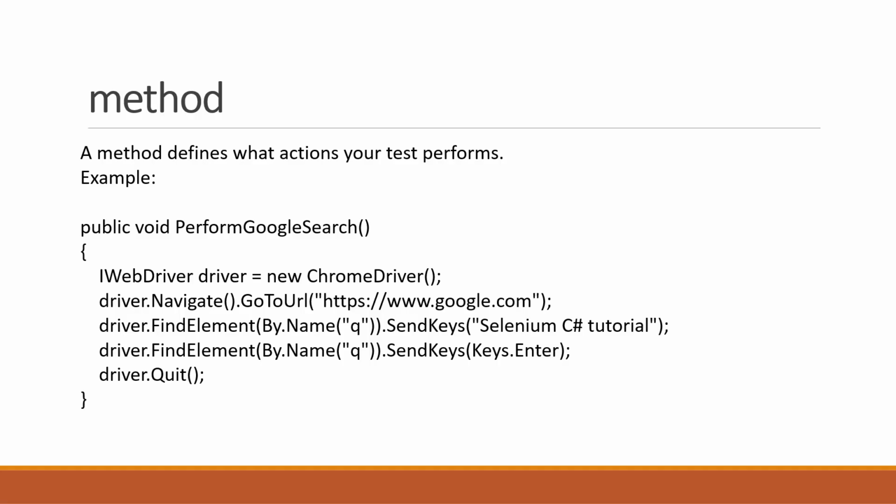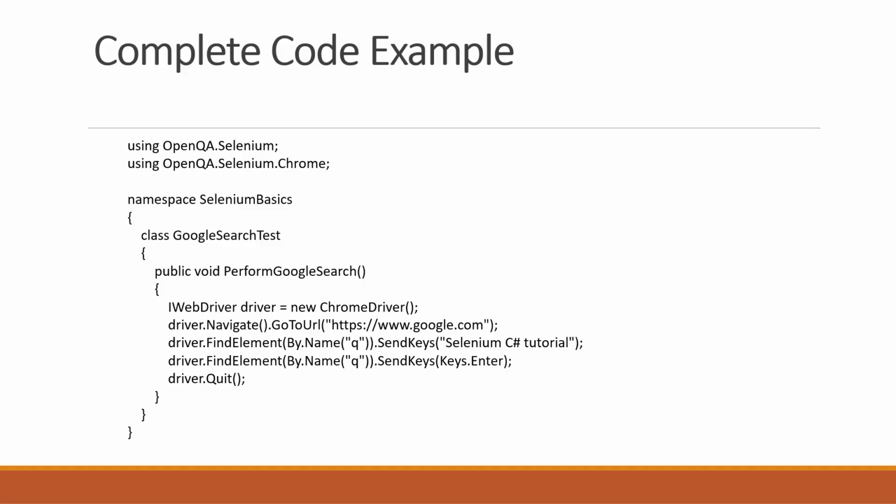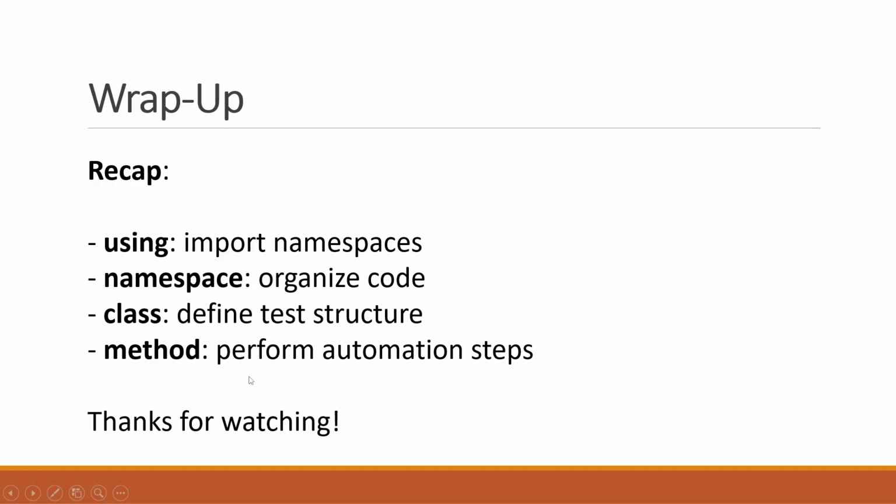And here is a complete code example. You can see using is there, the namespace is SeleniumBasics, the class is GoogleSearchTest, and public void PerformGoogleSearch is the method. So using, then the namespace, within that the class name, and within that the method.